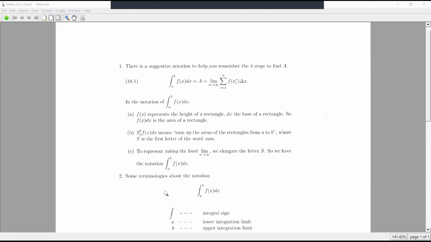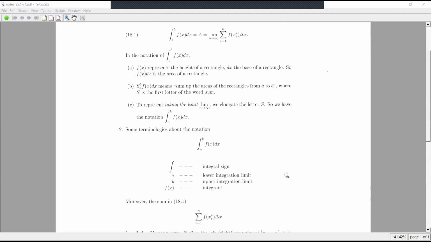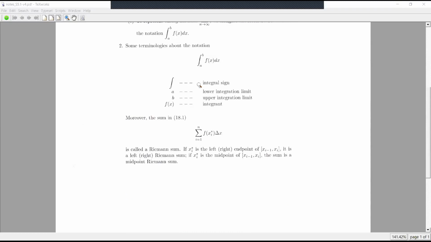Here are some terminologies about this notation. The elongated letter S we call the integral sign.